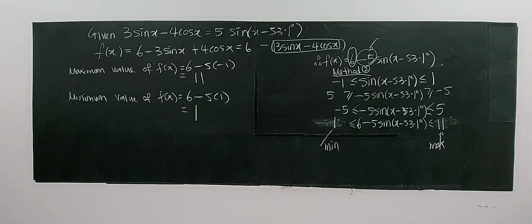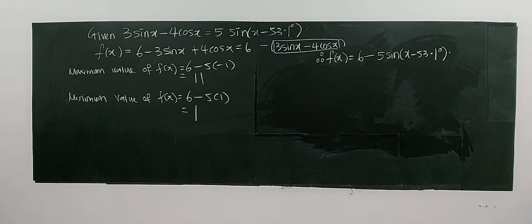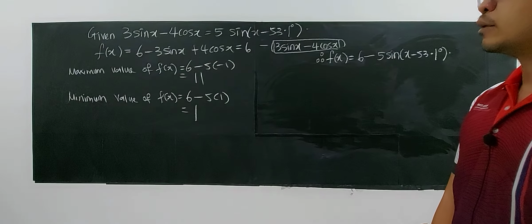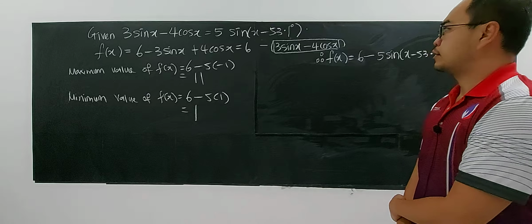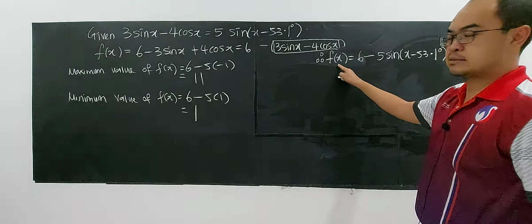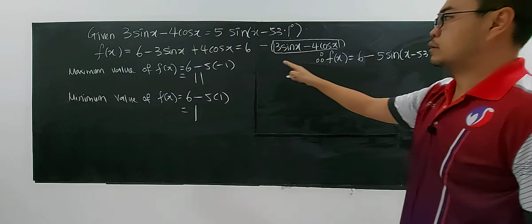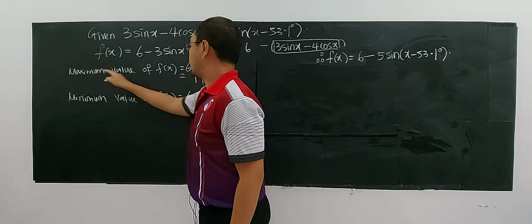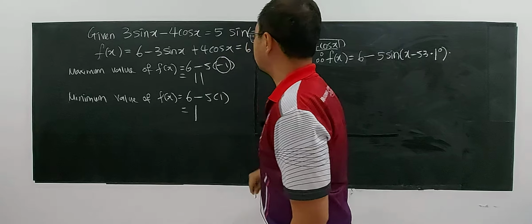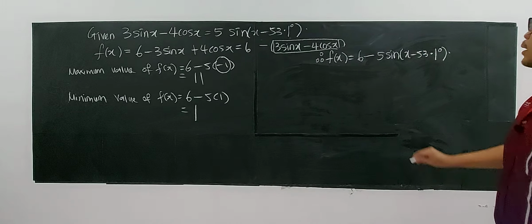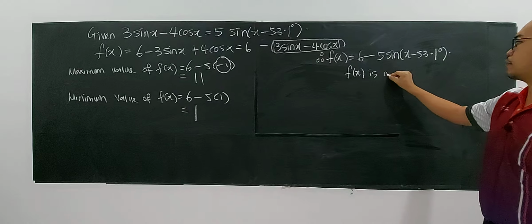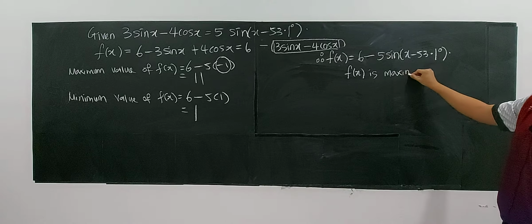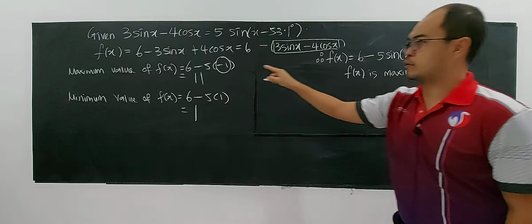Read the question carefully. They said, find the value of x such that this function f(x) is maximum. You're getting maximum when you're getting -1 here, right? So that means f(x) is maximum. Maximum here means the value of 11.